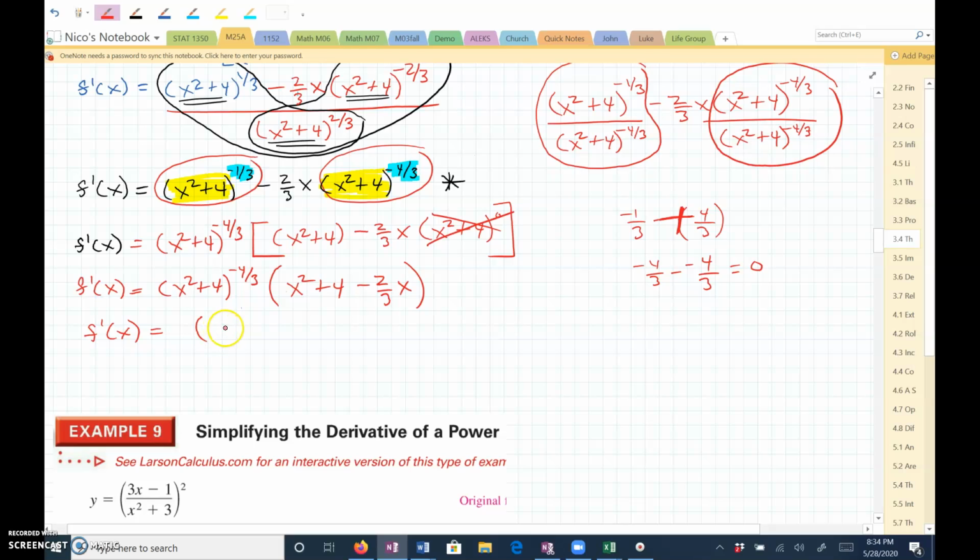Well, that's going to end up being 1/3 x squared plus 4. And this negative exponent, we bring this down here. And then I could multiply the numerator and the denominator by 3. The numerator would end up being x squared plus 12 all over 3 times x squared plus 4 to the 4/3 power. And that would be our answer.